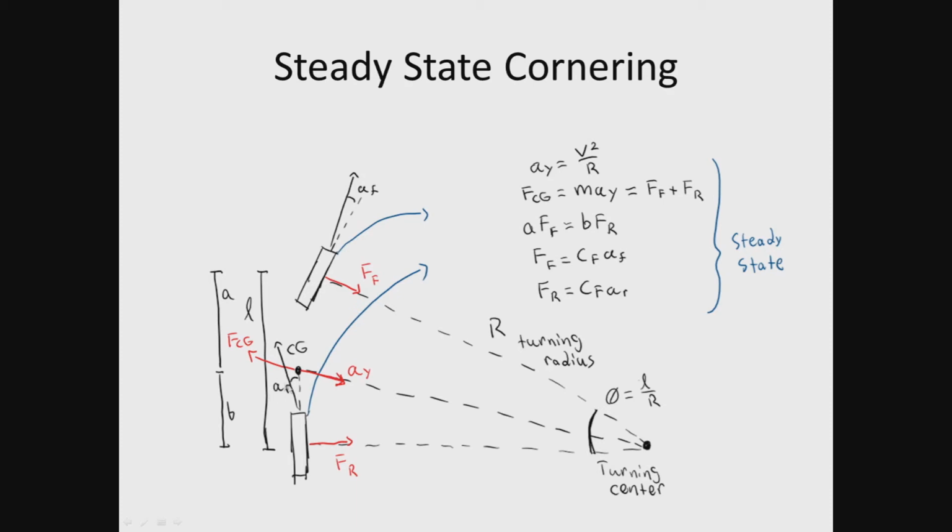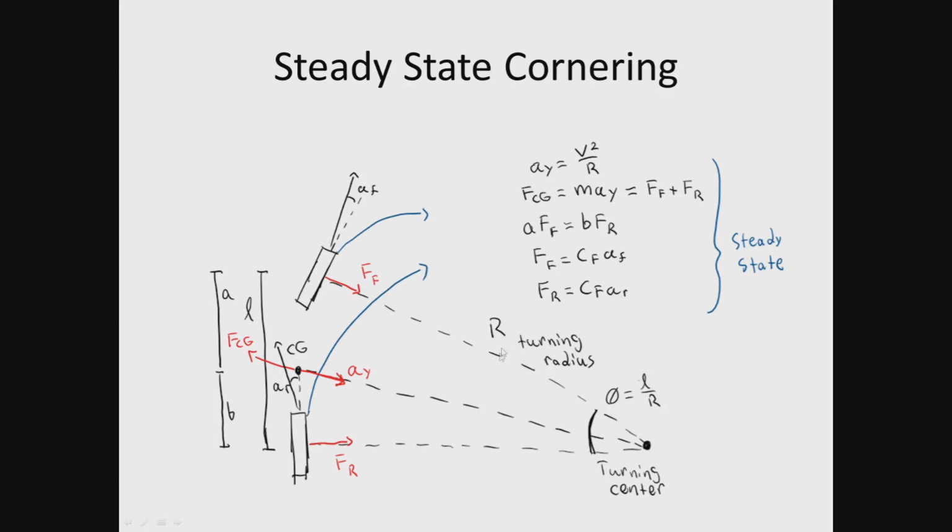The AF and AR here are the slip angles of the tires, which we covered shortly in the last lecture. So the tire itself, the path that it travels is slightly different than the orientation of the tire. That will be your slip angle, and this is important in knowing how much lateral force your tire is capable of generating. We have the turning center here, and this is sort of the center of the path that the car is following around if we were assuming that it was a constant radius.